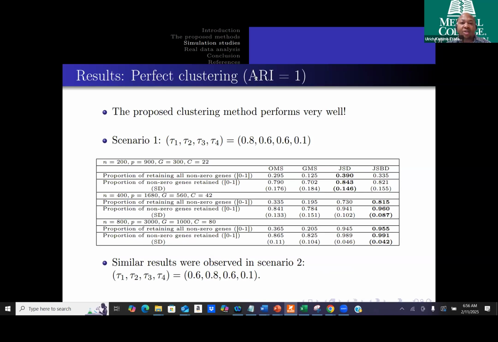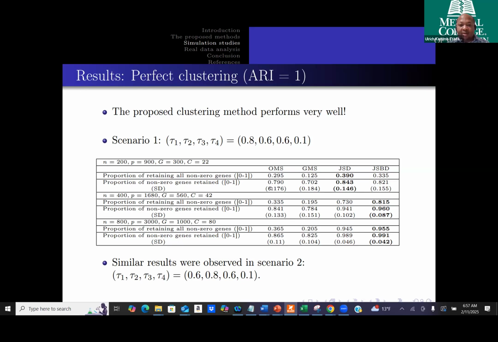First, an adjusted Rand index of 1 means that our method was able to perfectly identify the clusters, which is nice. Here we have the performance with 800 samples, 900 covariates, 300 genes, and 22 clusters.